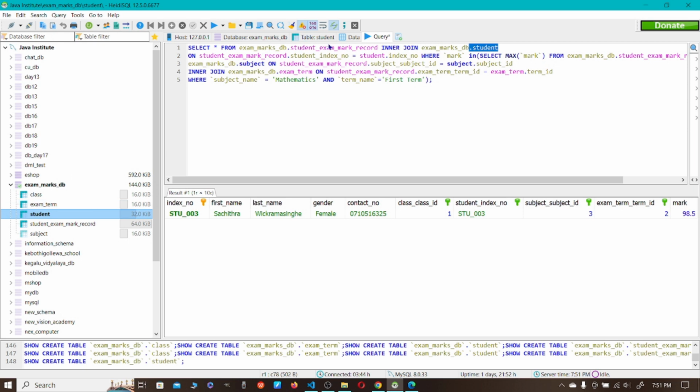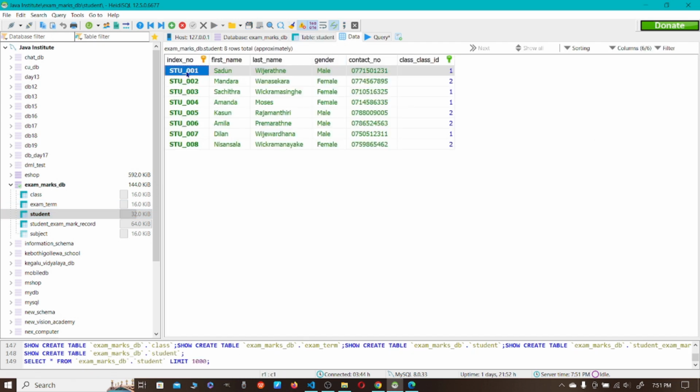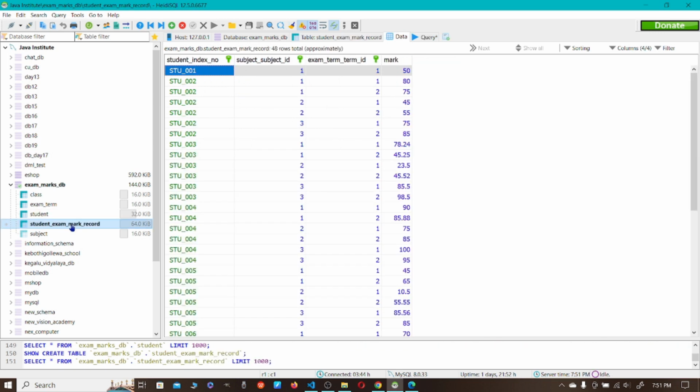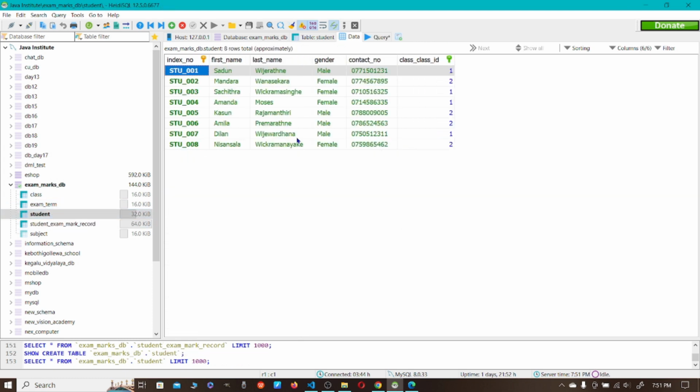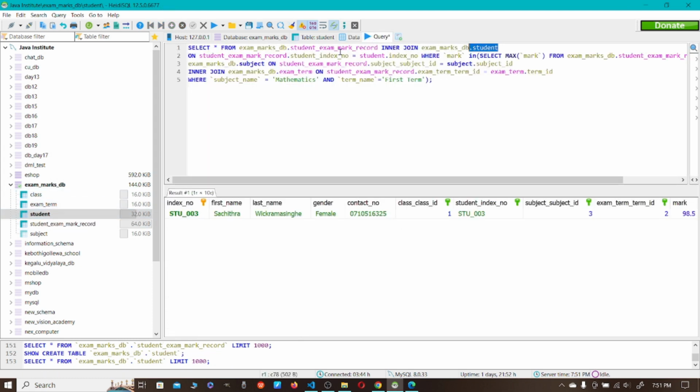So this is the student table, and this is the exam mark report student table. This table doesn't have the names of the students, only the IDs. So that's why I used both of the tables.